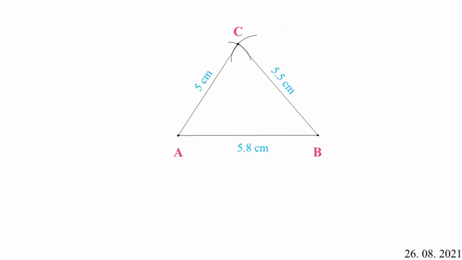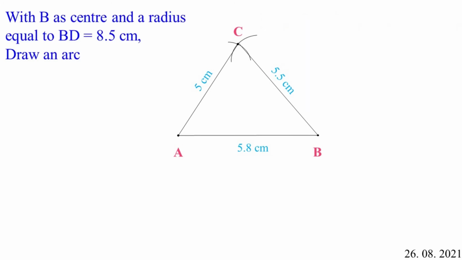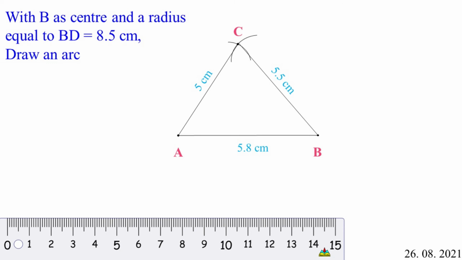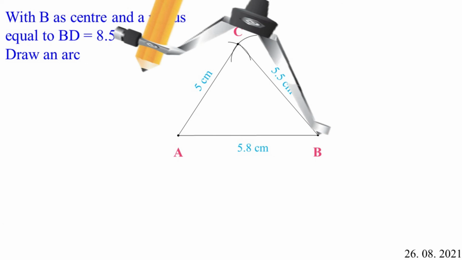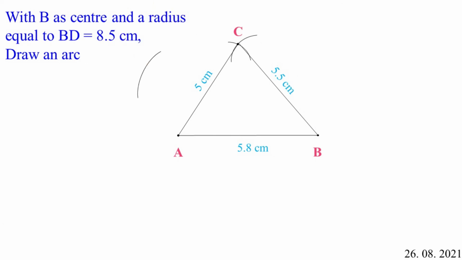Let us start with the next step. We draw diagonal BD equal 8.5 cm. Using ruler and compass, take 8.5 cm radius with B as center. Draw an arc above the segment AB.